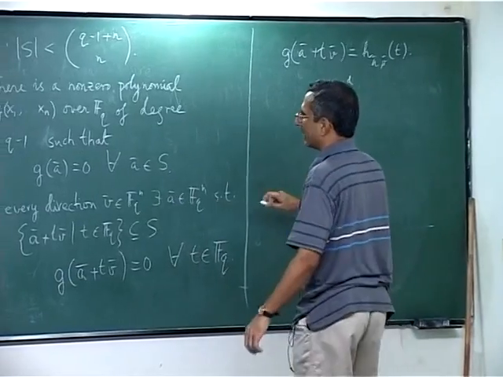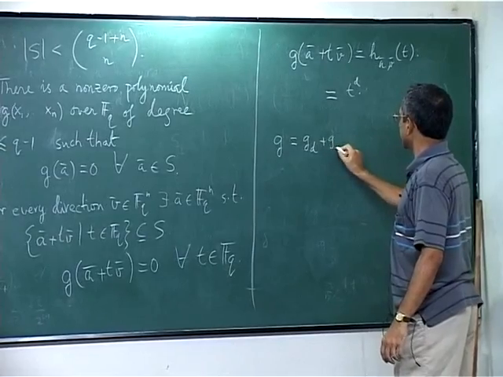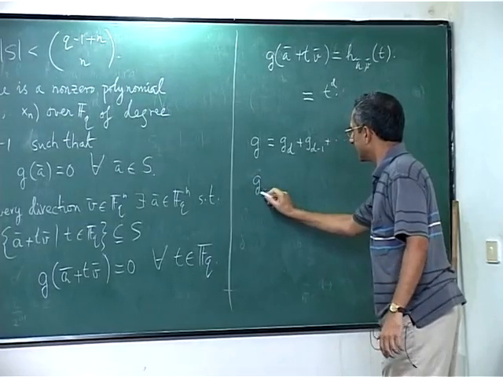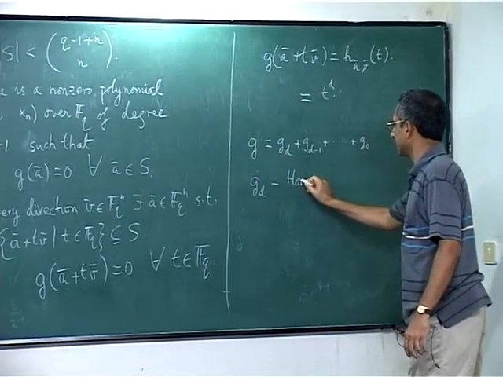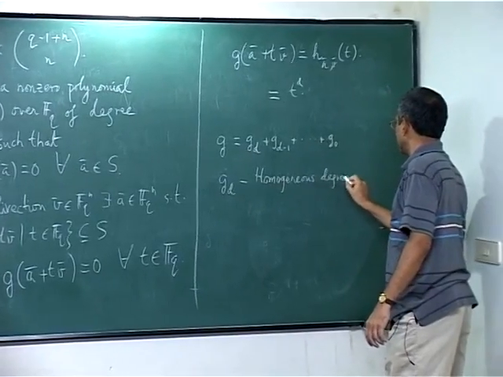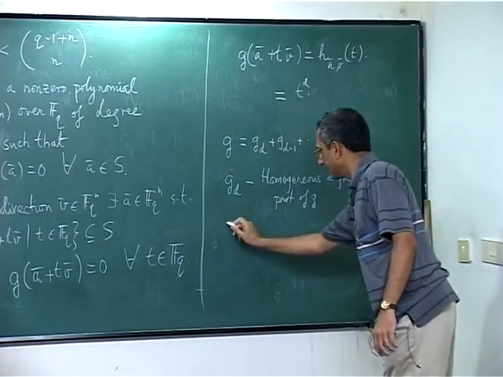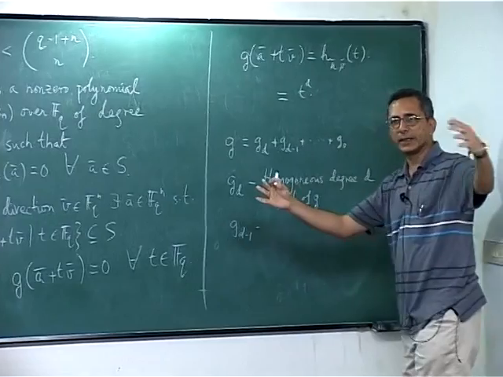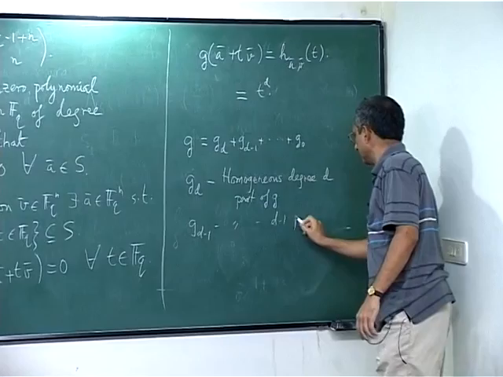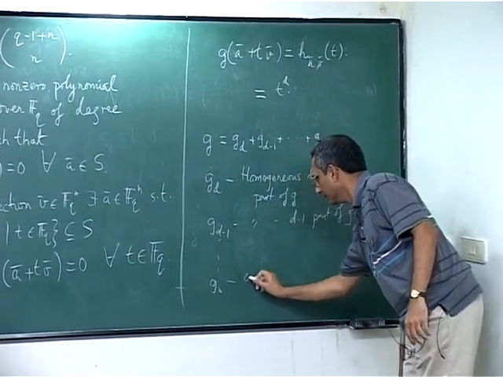So g itself I can write as g_D plus g_{D minus 1} etc. plus g_0, where g_D is the homogeneous degree D part of g, g_{D minus 1} is the homogeneous degree D minus 1 part of g, and so on. g_0 is the constant term.